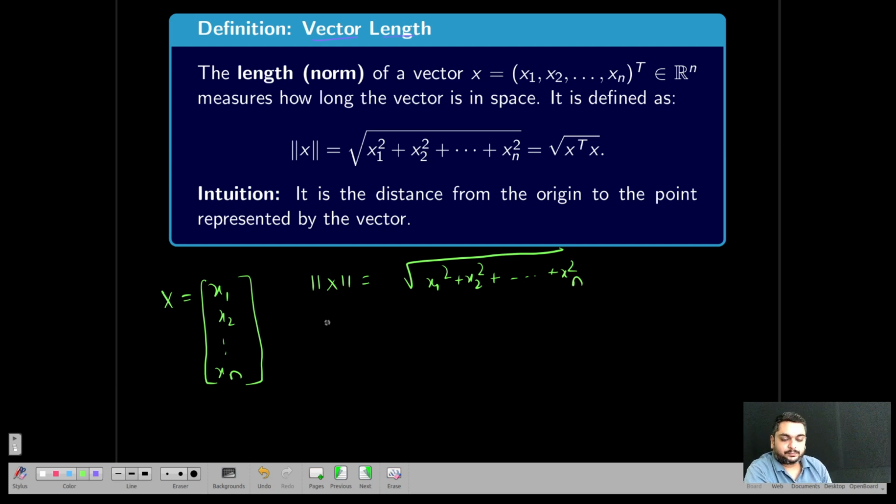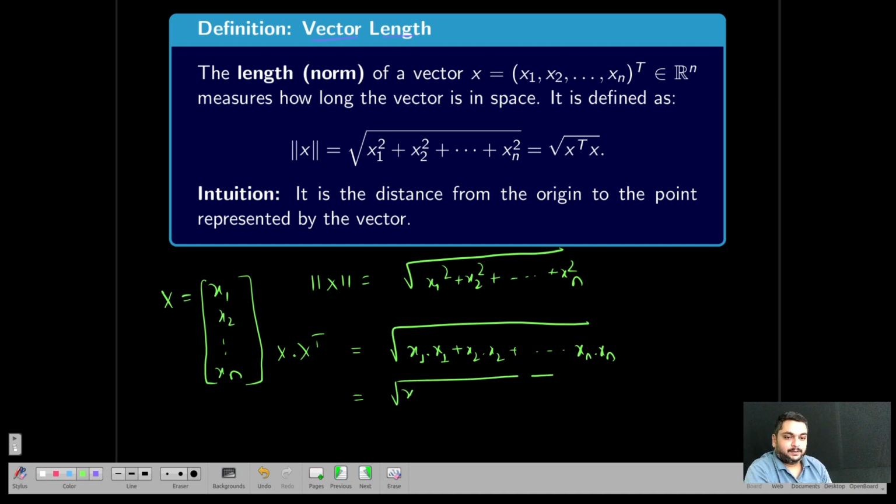Now, if you see this in another way, multiplying this vector with x transpose, that is x transpose into x, you can write it as x1 into x1 plus x2 into x2 plus so on, up to xn into xn. So I get the same result, x1 square plus x2 square up to xn square.